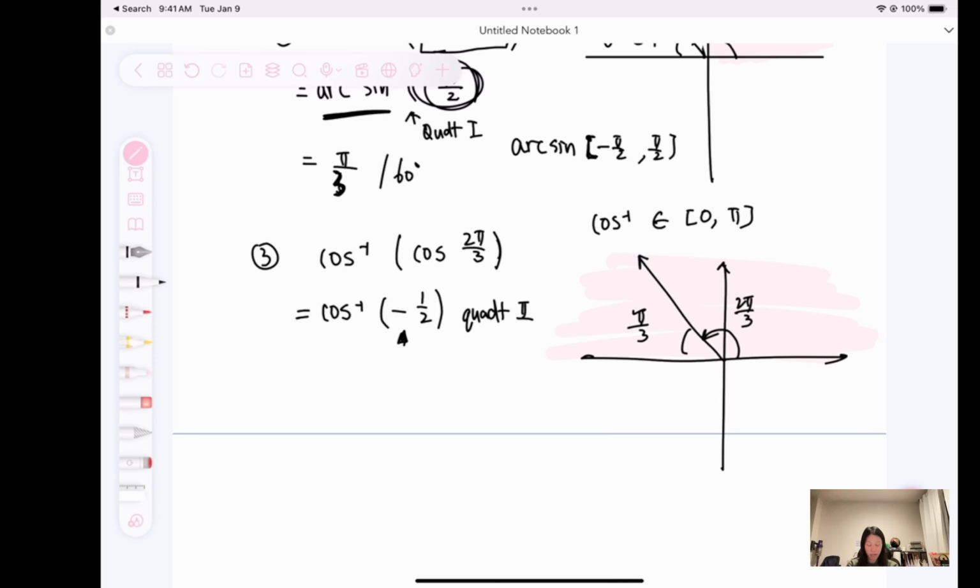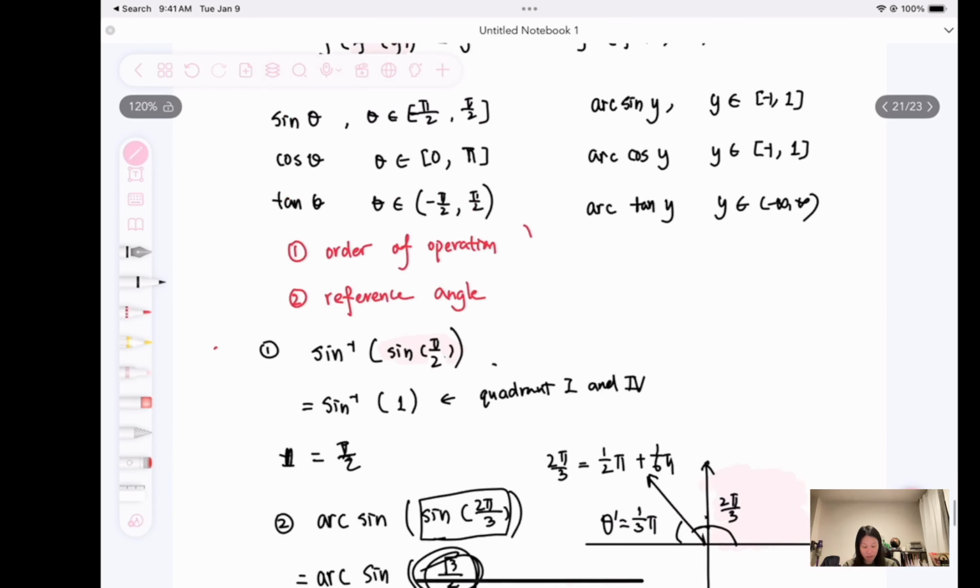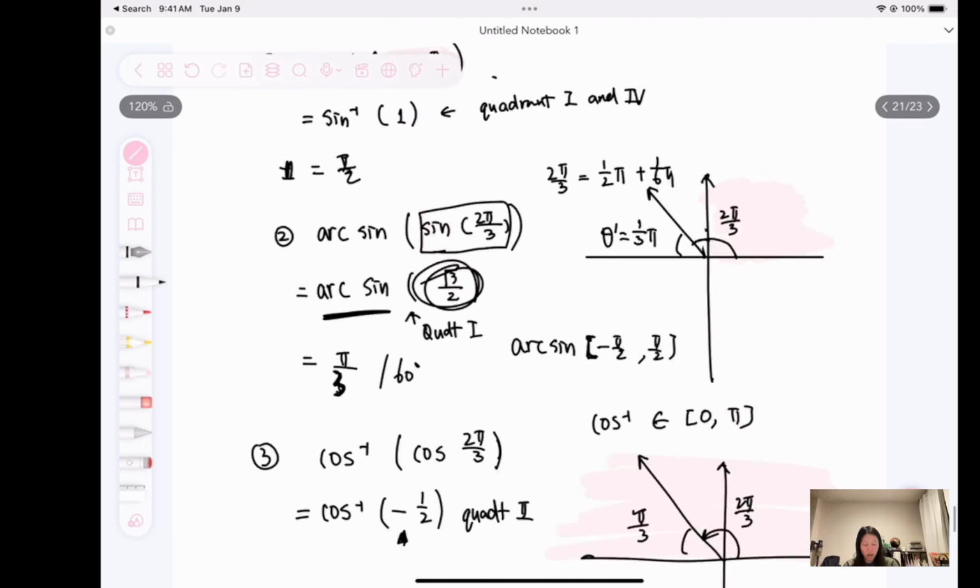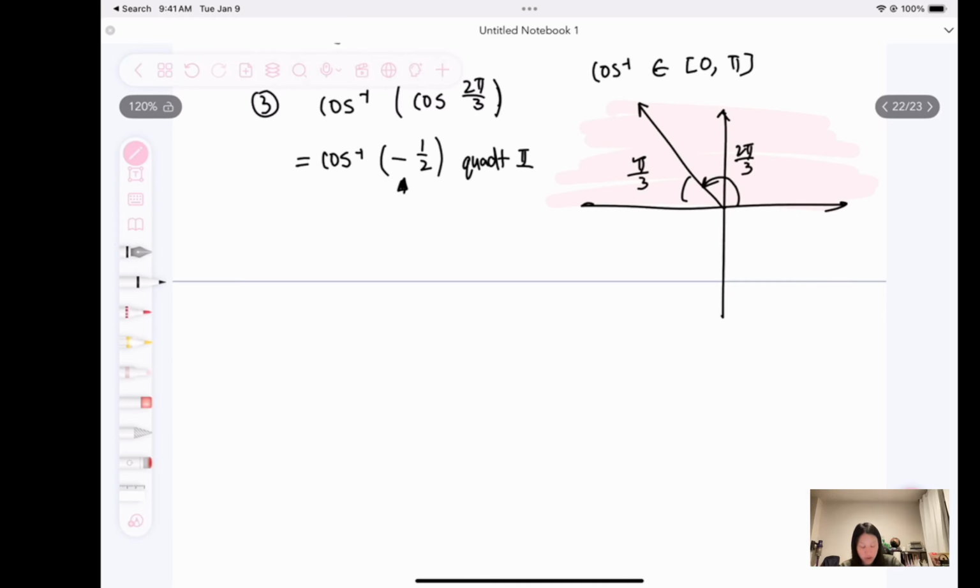Now we need to think about which value will give us 1/2. Well, then we need to use the second thing, which is the reference angle. So if the reference angle, cosine theta equals 1/2, that means theta is equal to pi over 3.